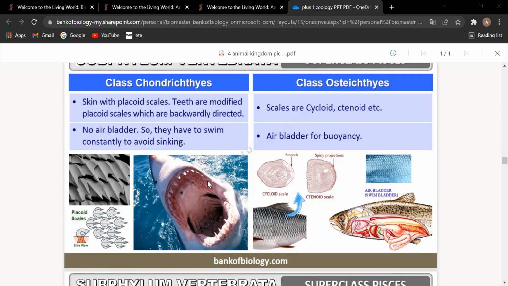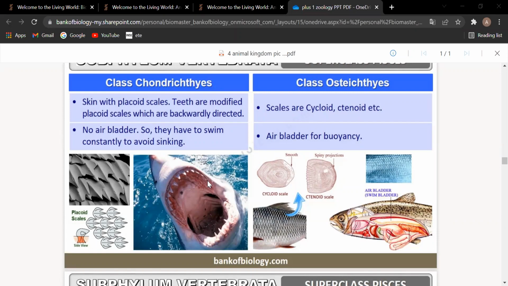No air bladder is present. So they have to swim constantly to avoid sinking. Chondrichthyes, if they don't swim, they will die, because there is no air bladder. They even sleep while swimming. If they stop swimming and go to sleep, they will die.